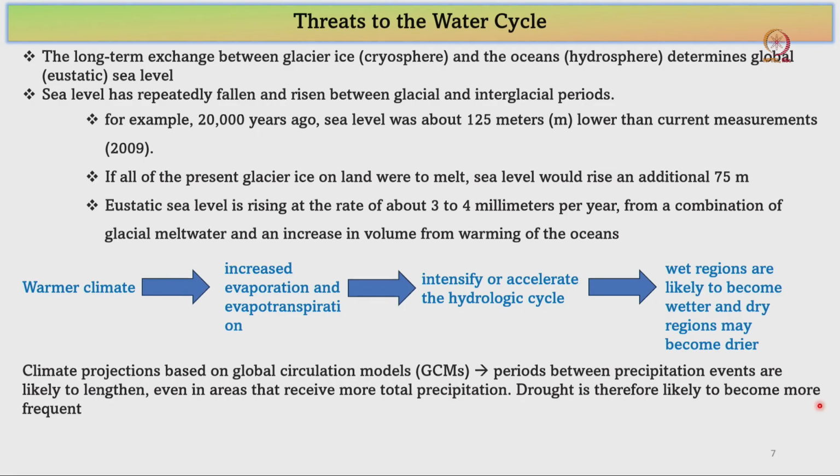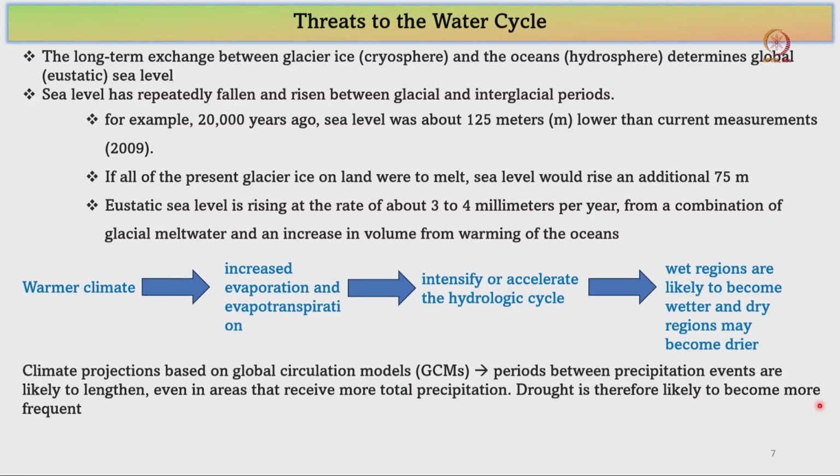This is an example I have given, that the eustatic sea level is rising at a rate of 3 to 4 millimeters per year, and that is due to a combination of glacial meltwater and also the increase in volume due to the warming of the ocean. Of course, when anything is warmed, it expands. So, due to expansion of the oceans, there is a slight sea level rise.